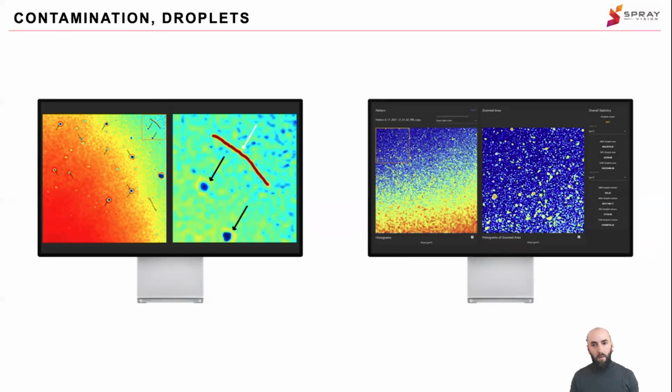From my side, this will be the last mention for this topic, which is today's topic of transfer efficiency: contamination analysis, which is also possible to do with our software.